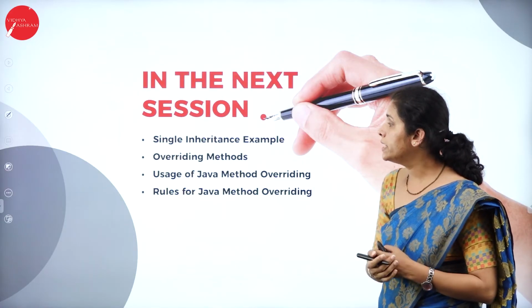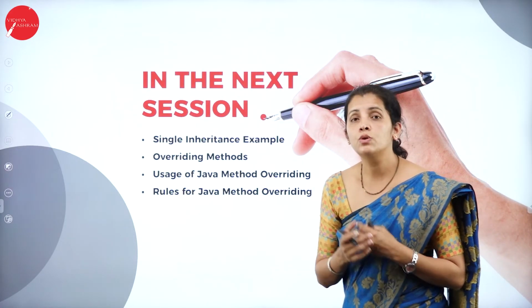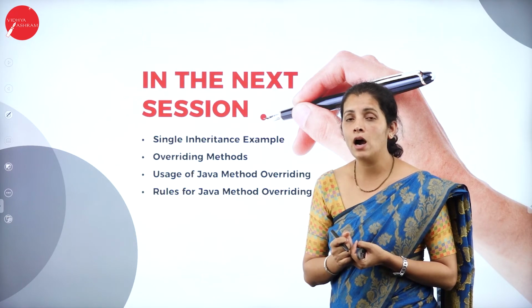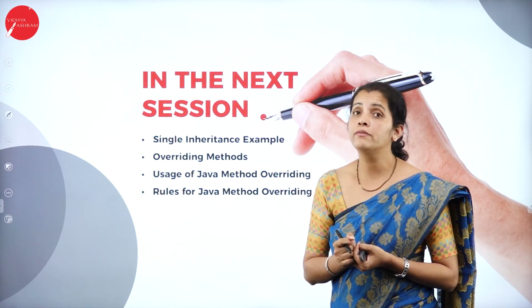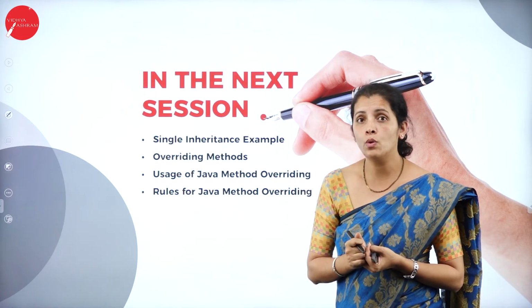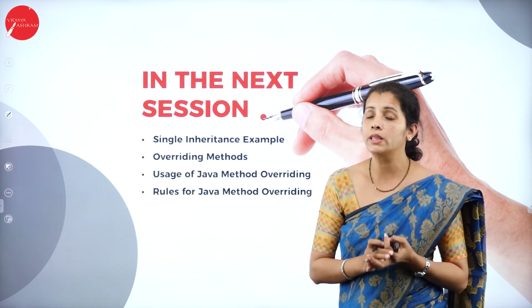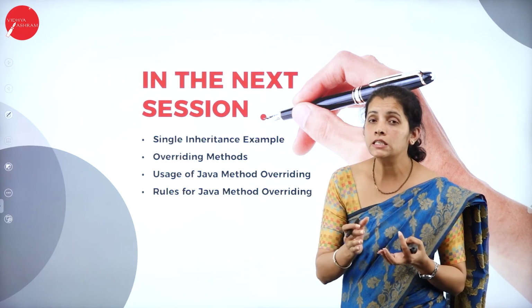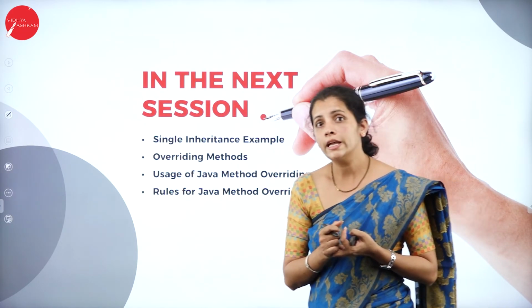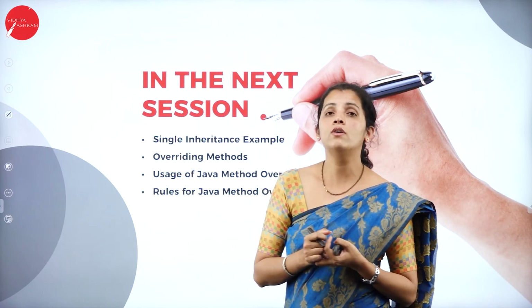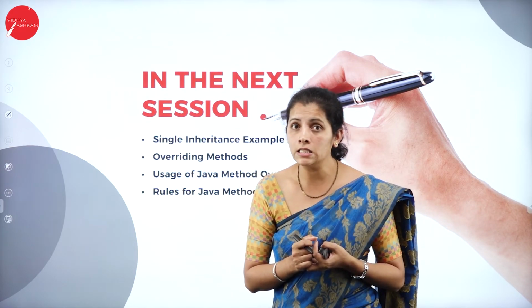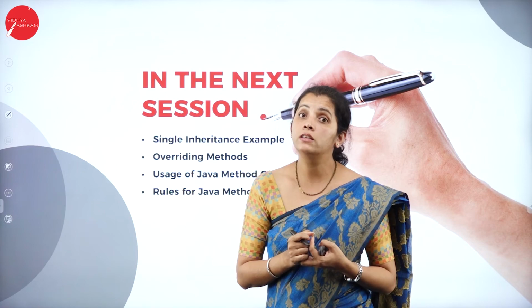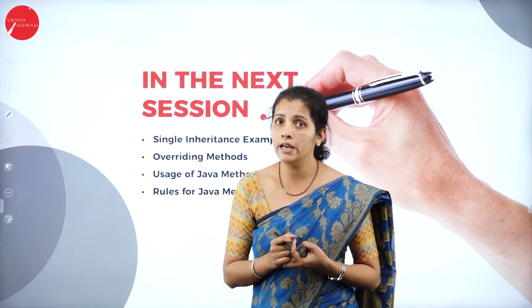So dear student, in today's session, you got more information about what method overloading is and the different ways we can overload methods. Along with that, I have discussed what inheritance is, the need for inheritance, and how to implement inheritance, along with the different types of inheritance.